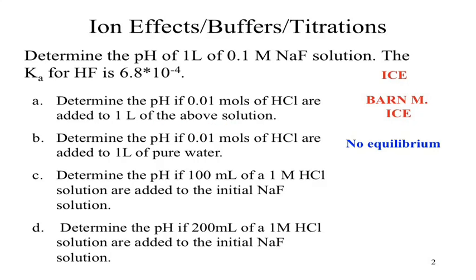What did we say x was? X is our concentration of H+. What did we want to solve for? pH. How do we get the pH? Negative log of that, which is 2.11.